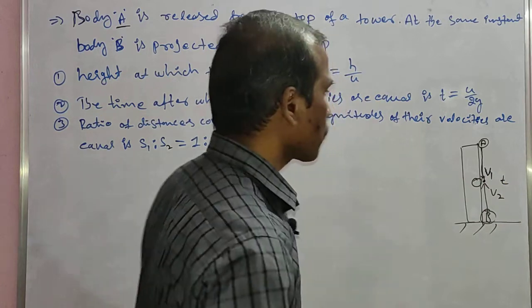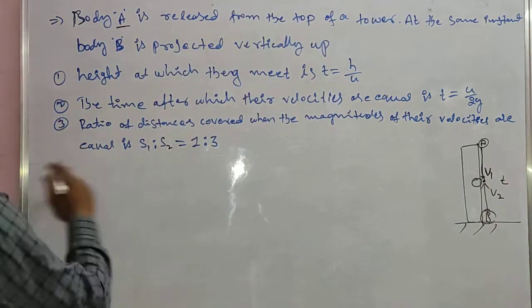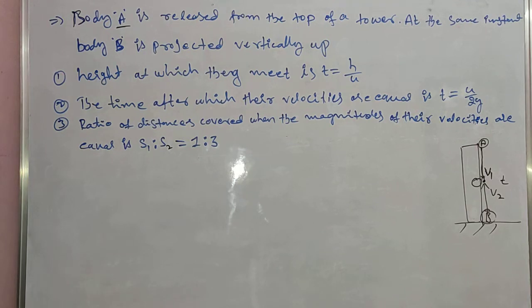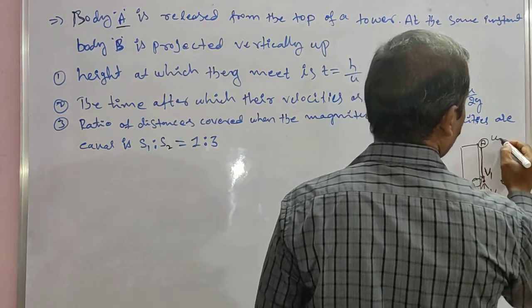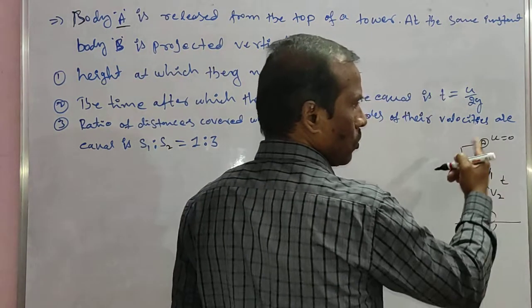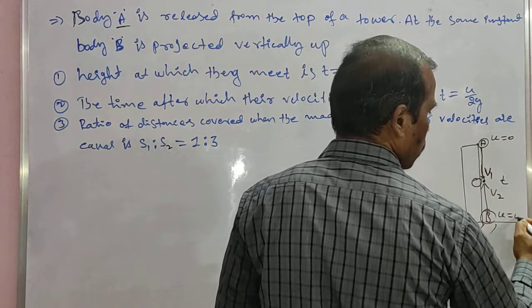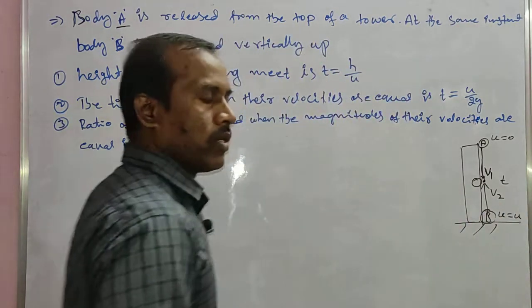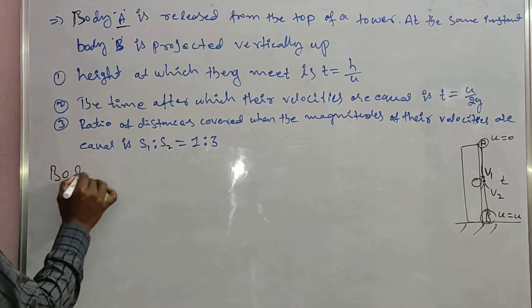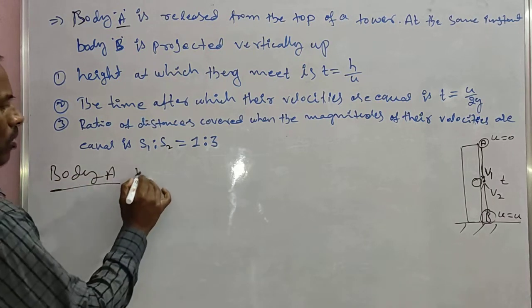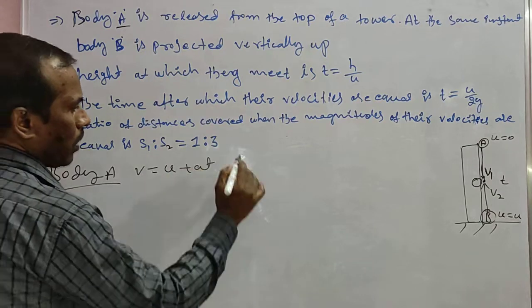Now the second case: t is equal to u by 2g. We prove that t is equal to u by g. The initial velocity of the first body, a, is u equal to 0, and the initial velocity of body b is u. For body a, v is equal to u plus at.